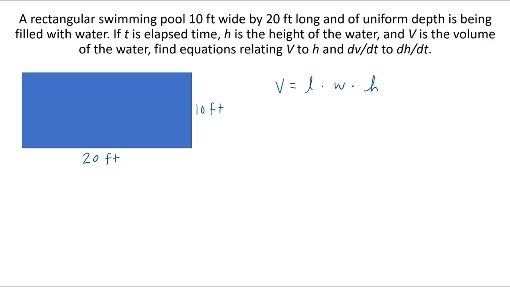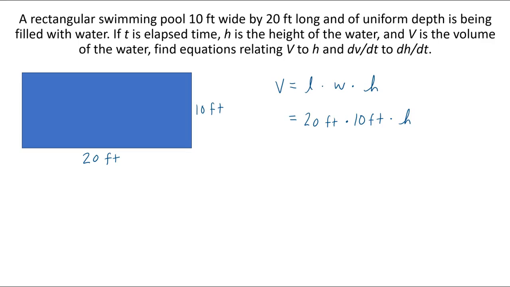Well, because the pool is rectangular and it's a solid depth from one end to the other, we know a formula that relates the length, the width, and the height or the depth of a rectangular shaped object. And that's the volume of the object. The volume is length times width times height or depth. And we already know the length and the width of the pool.